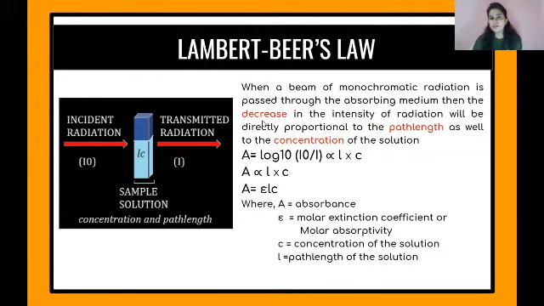So because the decrease in intensity of radiation is occurring, it can be directly proportional to both the path length as well as the concentration of the solution, which is generally expressed as A, which is absorbance, is equal to epsilon LC. Epsilon is the molar absorptivity coefficient here, L is the path length and C is the concentration of the solution. So these were the general laws that were used for the absorption of the solution in the medium.